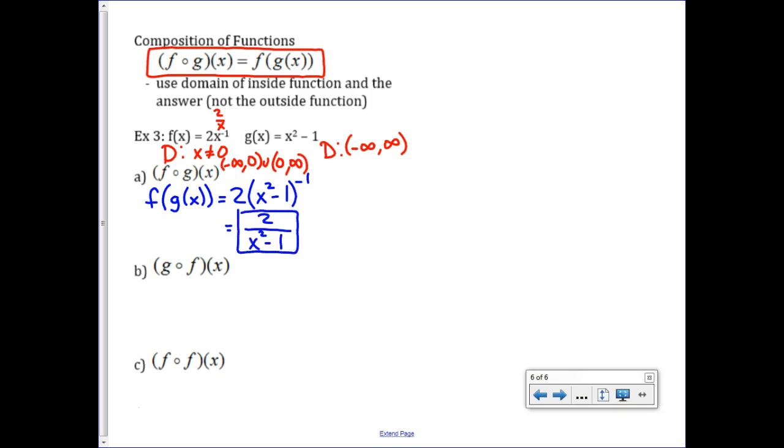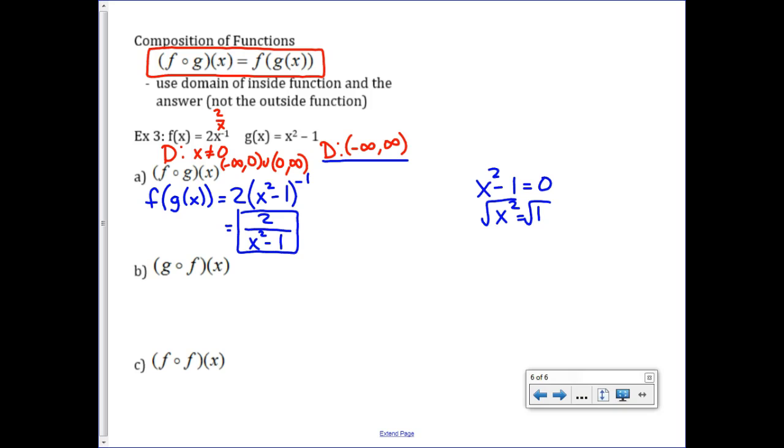So that's my function. Now it says use the domain of the inside function. The inside function in this case is g of x. And from up here, we have no restrictions. But we also have to look at the domain of the answer. So 2 over x squared minus 1. Well, again, we can't have our denominator equal to 0. So where would x squared minus 1 equal 0? Well, if we add 1 to both sides, x squared equals 1.